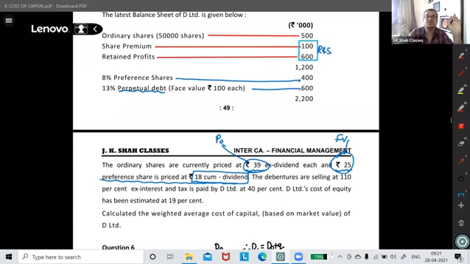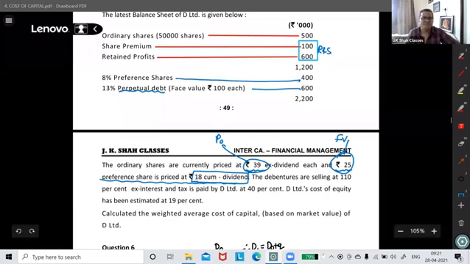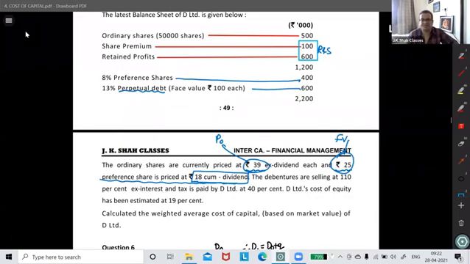Some students always have to do a toss, cum means what, ex means what. Better remember like this: ex means excluding, so the other one automatically comes. So this is including dividend.